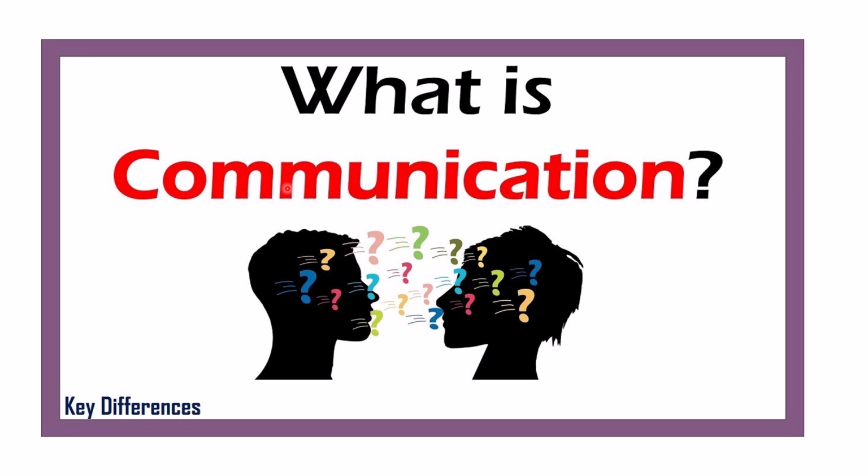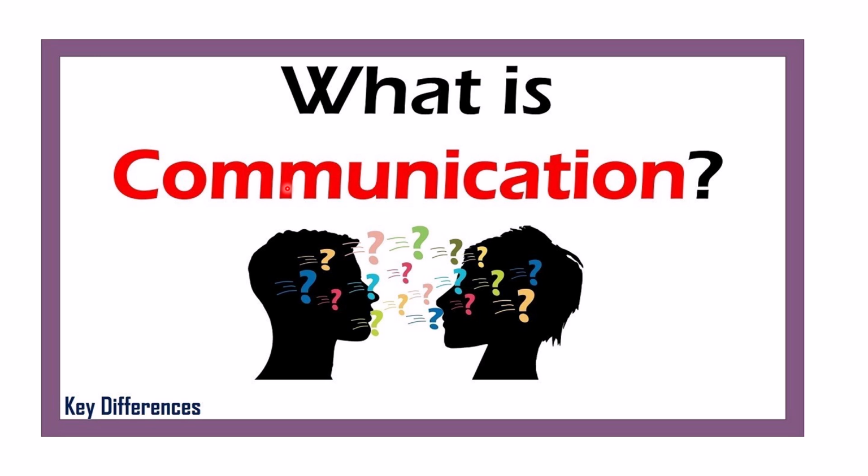let us try to know what's communication. It's the process of exchanging information between individuals or groups. Here the information is exchanged between individuals through a common system of symbols, signs, or behavior.